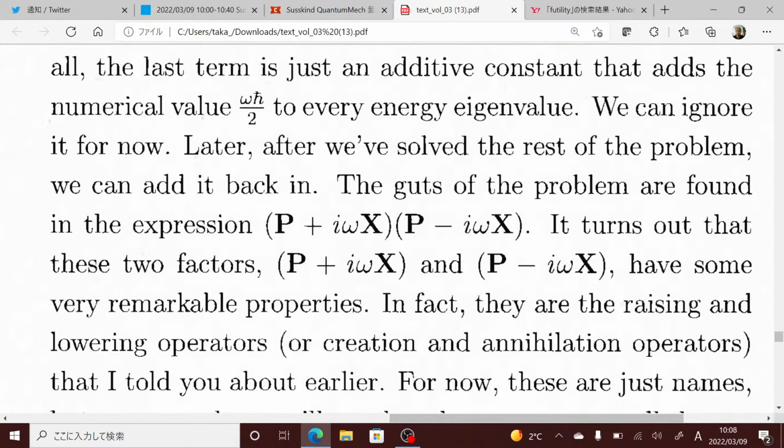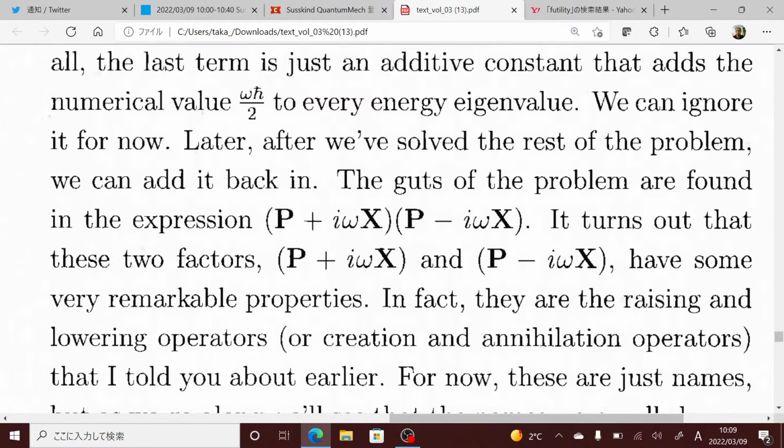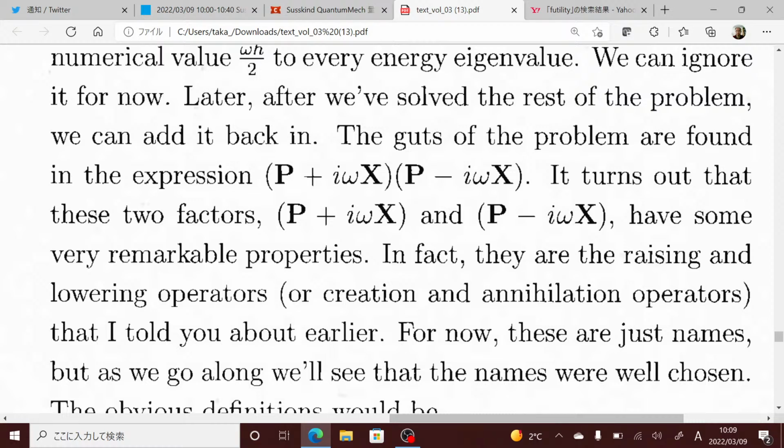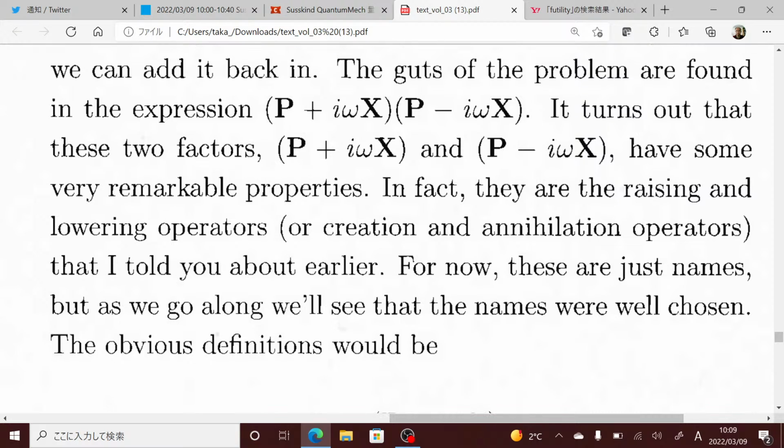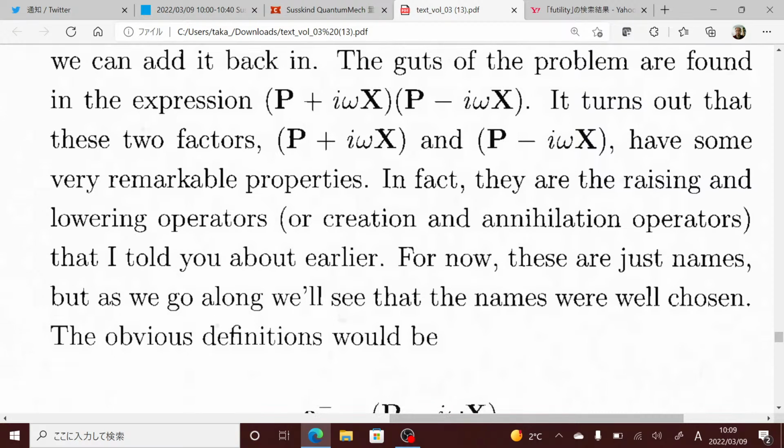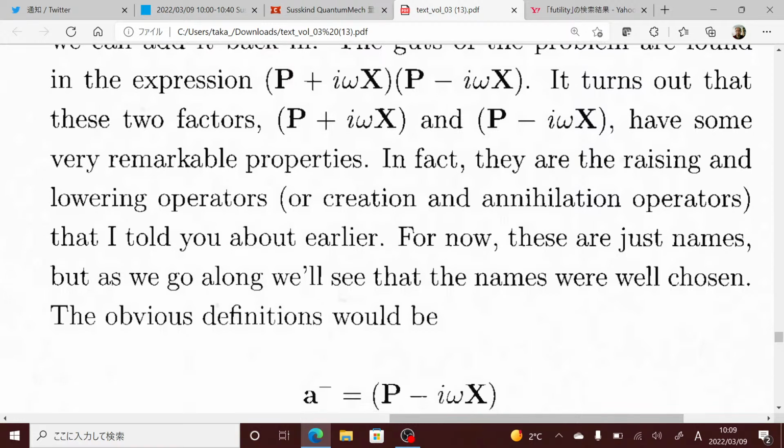The guts of the problem are found in the expression p plus I omega x, p minus I omega x. It turns out that these two factors, p plus I omega x and p minus I omega x, have some very remarkable properties.